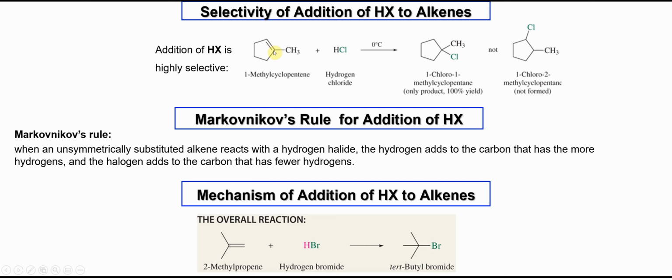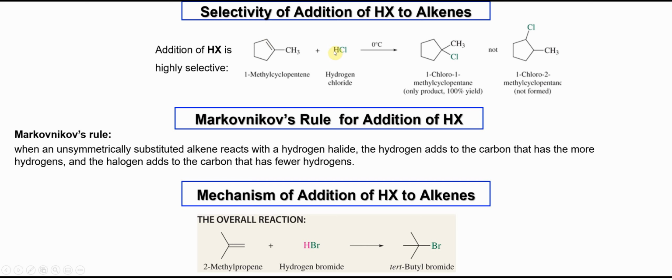Here, let me call this carbon 1. Carbon 1 is connected to one carbon with a double bond, and it has no more hydrogen connected to it. The second carbon has a double bond and is connected to another carbon, so over here, you have one more hydrogen.